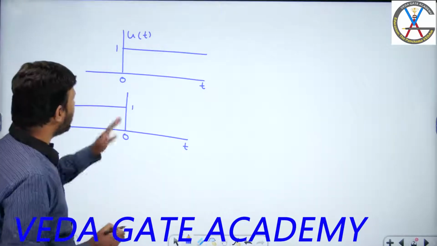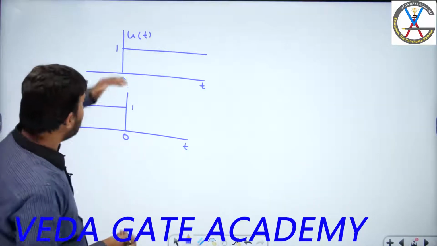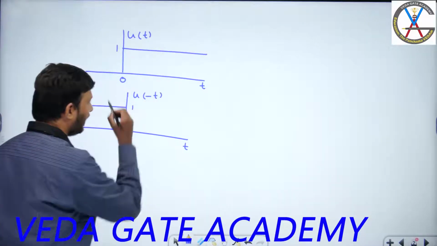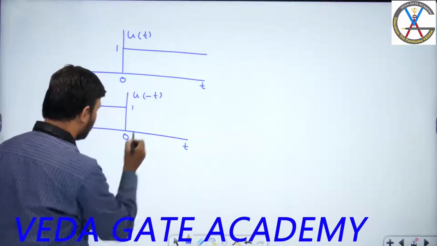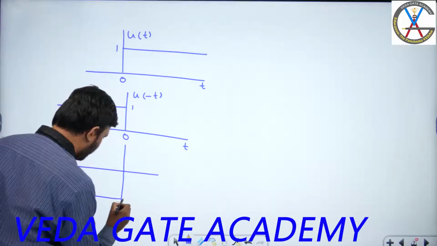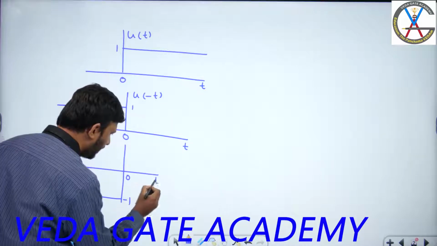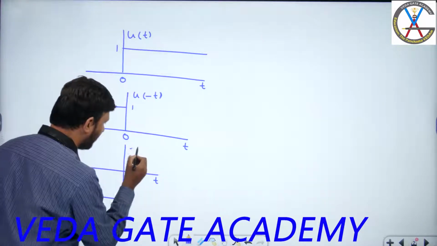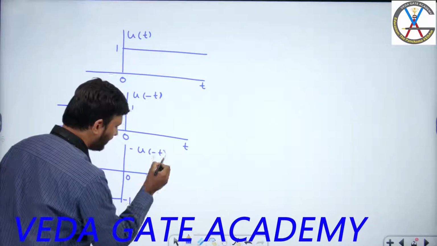This is nothing but the time reverse version of the unit step signal denoted by U of minus t. And if I ask you, what could be this signal? If this is U of minus t, the third signal is minus U of minus t.